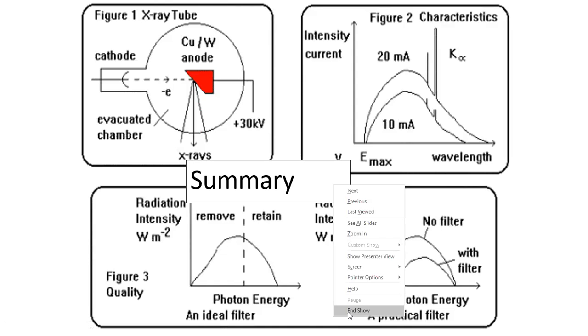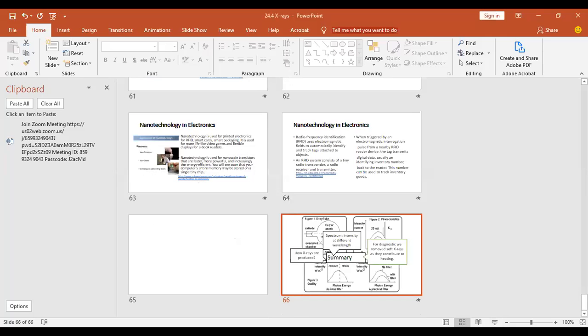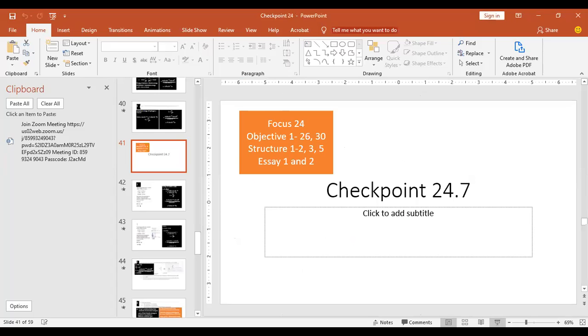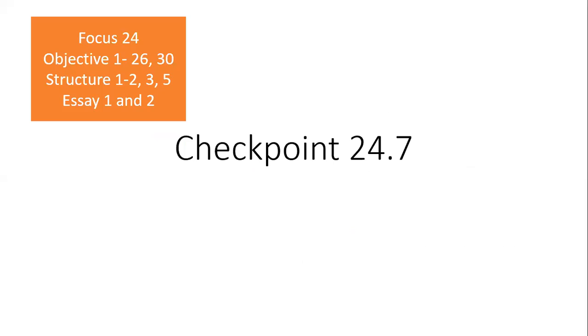Okay, I think we have completed. Let's try some questions before we stop for a while. We have to speed up already. Try to finish as soon as possible. Okay, focus on 24, objective 1 to 26.